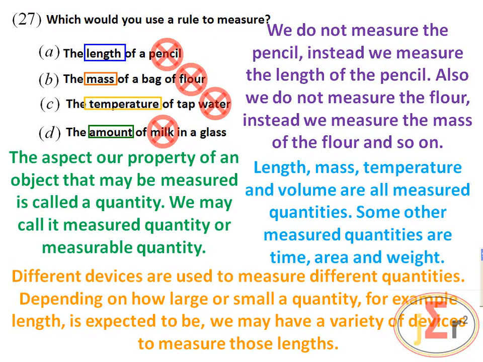A meter rule, a caliper, a micrometer, and so on. There are many different devices that may be used to measure length. And of course, the same is true about mass, because in a short while we will show you different devices that may be used to measure mass.